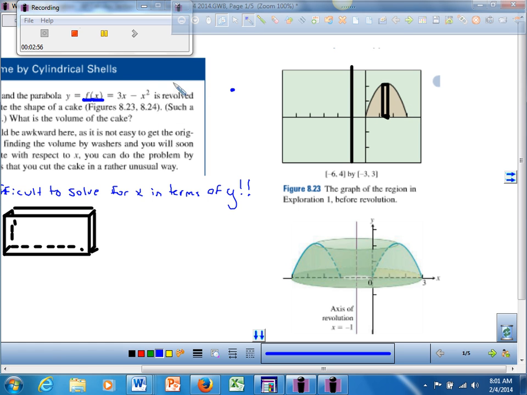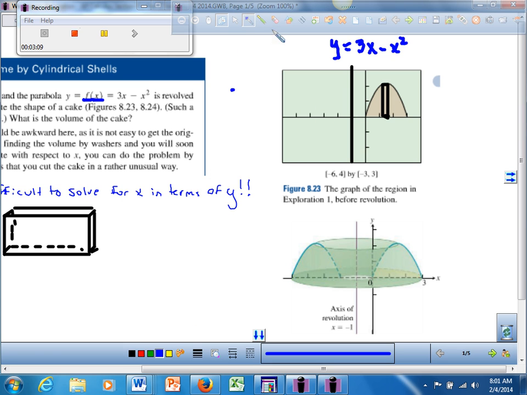So we would need to solve y equals 3x minus x squared for x in terms of y. How's that looking? Not so easy, yeah? So there are some functions that are difficult to get into the other variable. And so that is a case where a different method would be helpful. And that method is volume by cylindrical shell.